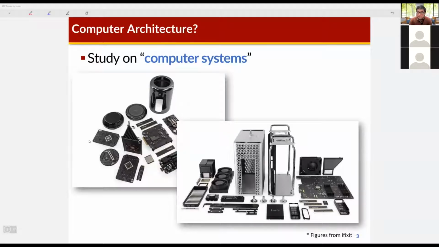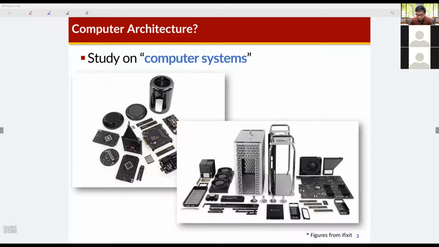Computer engineering means learning about the computer system and researching how to make good software and good hardware. That means computer systems, so it's very important to understand them.